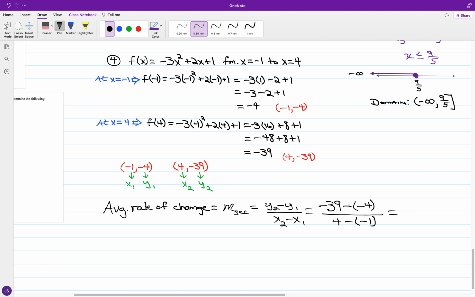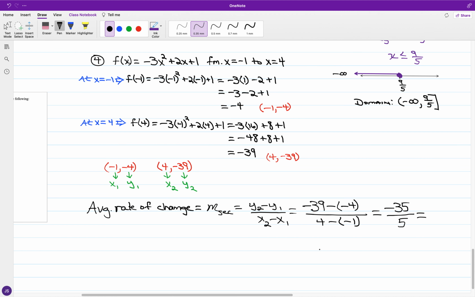Negative 39 minus negative 4 is negative 39 plus 4, which is negative 35. And 4 minus negative 1 translates to 4 plus 1, which is 5. So the average rate of change between x equals negative 1 and x equals 4 is just the slope of the straight line that connects these 2 points, and in this case we end up at minus 7.